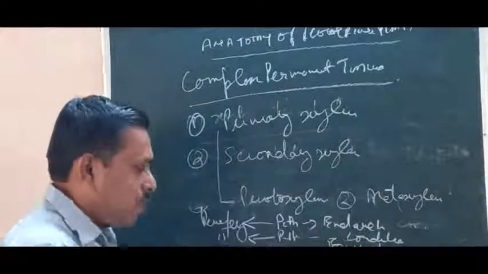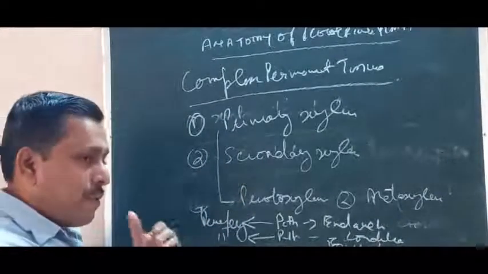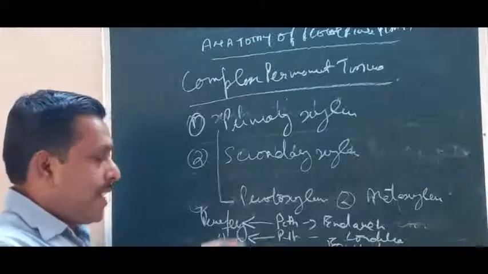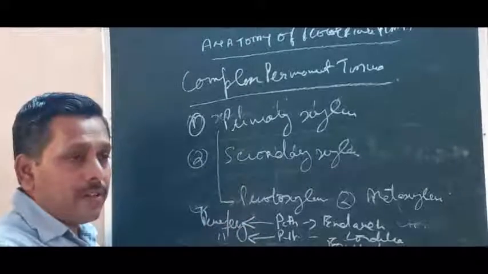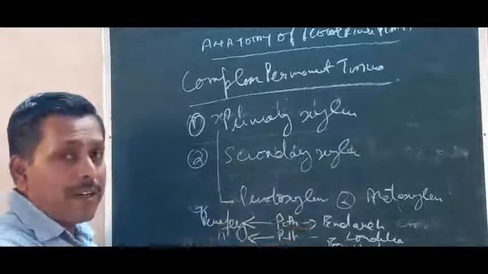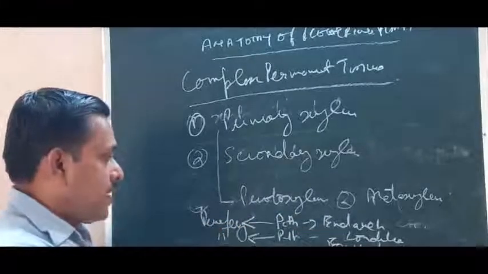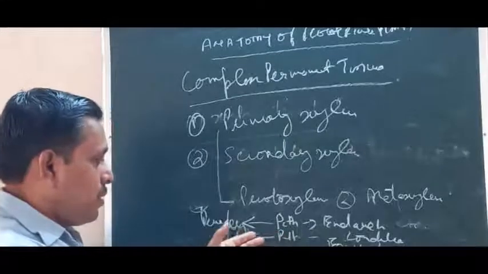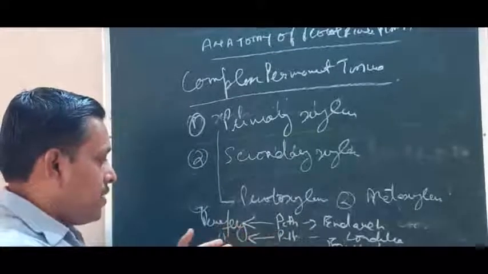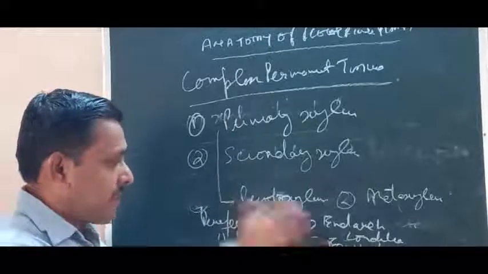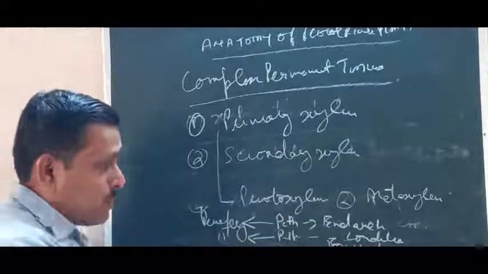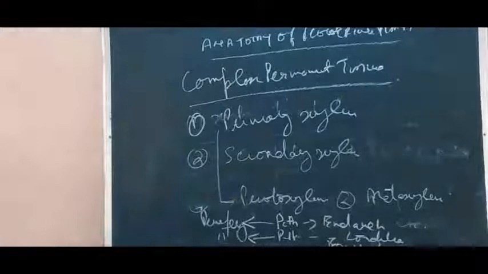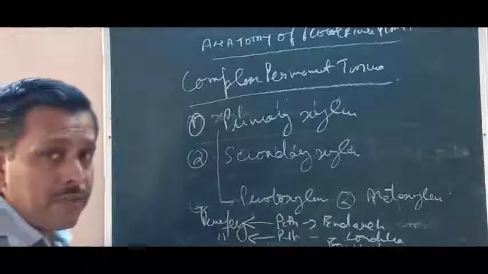So when the formation of the primary xylem proceeds towards the pith, this is called the endarch condition. When the formation of the primary xylem occurs towards the periphery, this is called exarch condition. So this is the brief description of the xylem elements.